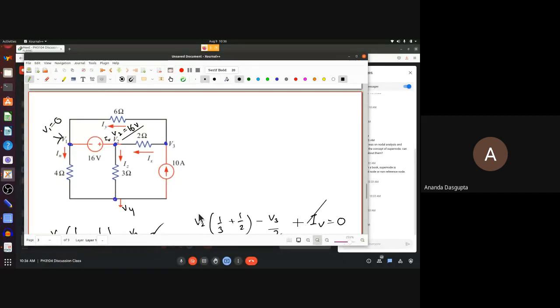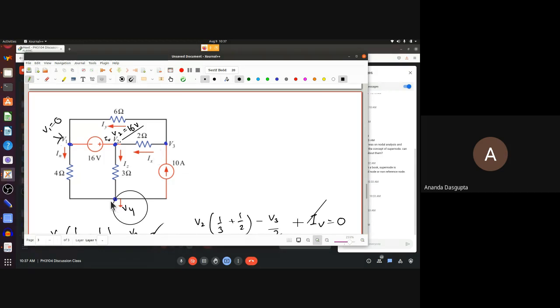So those of you who have done this using the super node, using the ground as indicated, just try solving this problem, putting the ground here. If V1 is 0, V2 is 16 volts, you just have two unknowns left, V3, but now V4, which we did not worry about before because we had taken that to be 0, that is now non-zero. So you worry about V4 and V3.